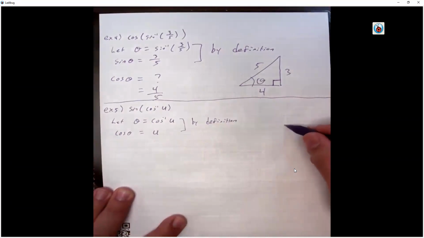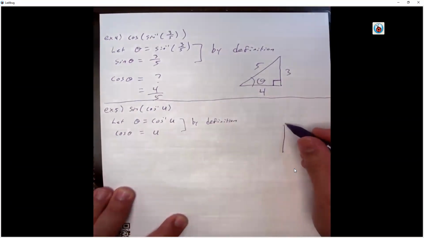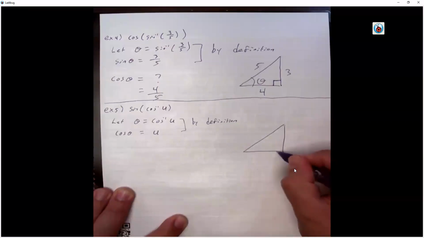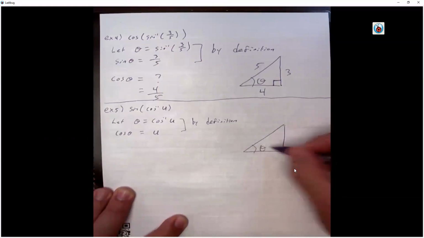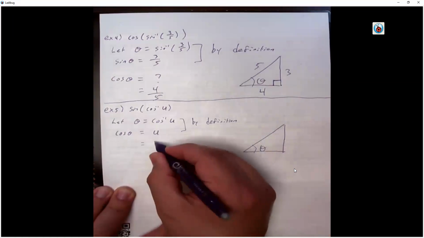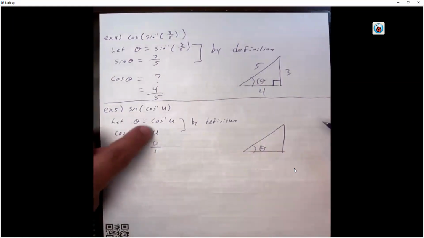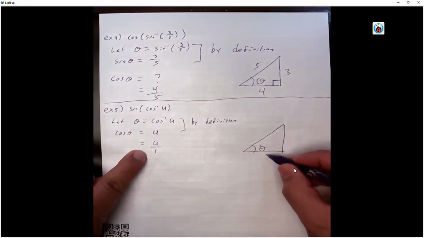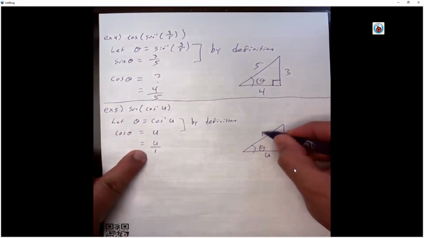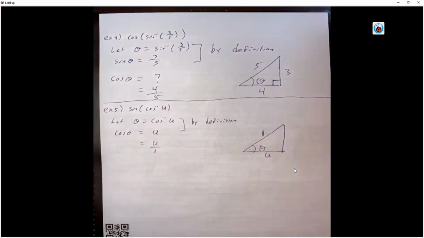Build your triangle again. It's technically u over 1. Right, so write it this way just so you can see that this is adjacent over hypotenuse. You can always put a 1 underneath anytime you want, so it's invisible. So here I can use it. Now, find the missing side.